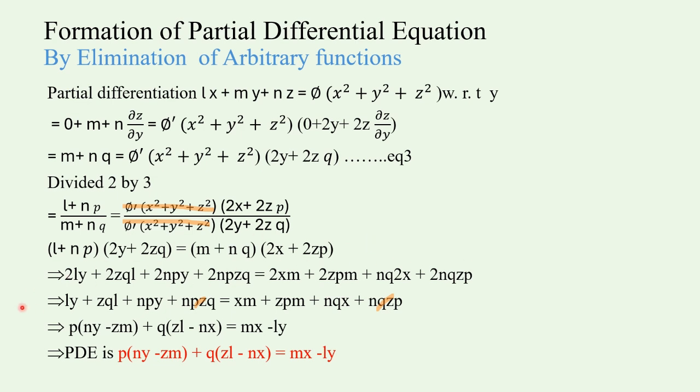Now here we have 2 throughout, so take 2 common and it will get cancelled. Now in this term, npqz and npqz are there, so this and this will get cancelled. Now bring all the p terms here and all the q terms here, so we get this equation. This is the required partial differential equation.